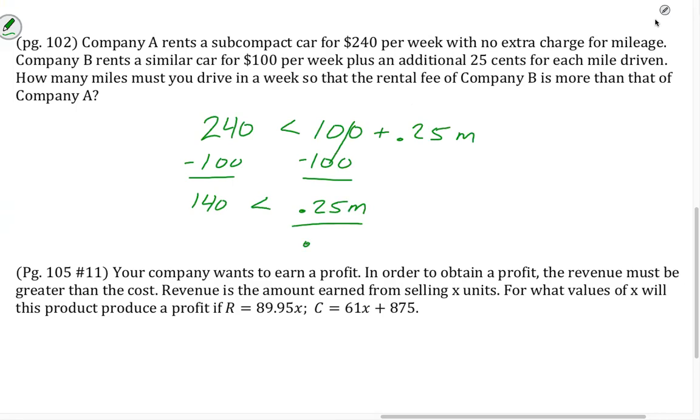Gabby, are you there? All right. Well, Gabby, if she was there and able to type it in for me, she would tell me that 140 divided by 0.25 is 560 miles.